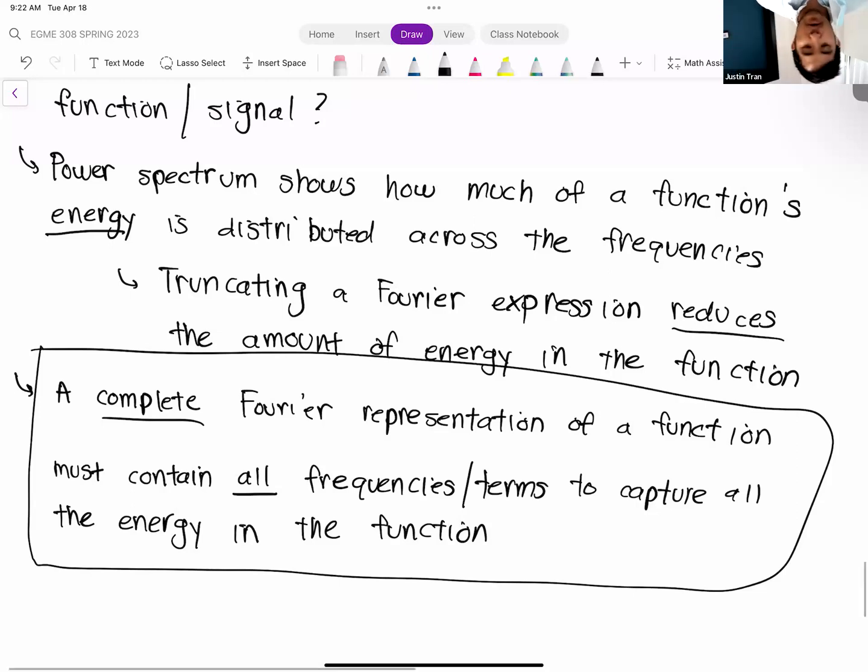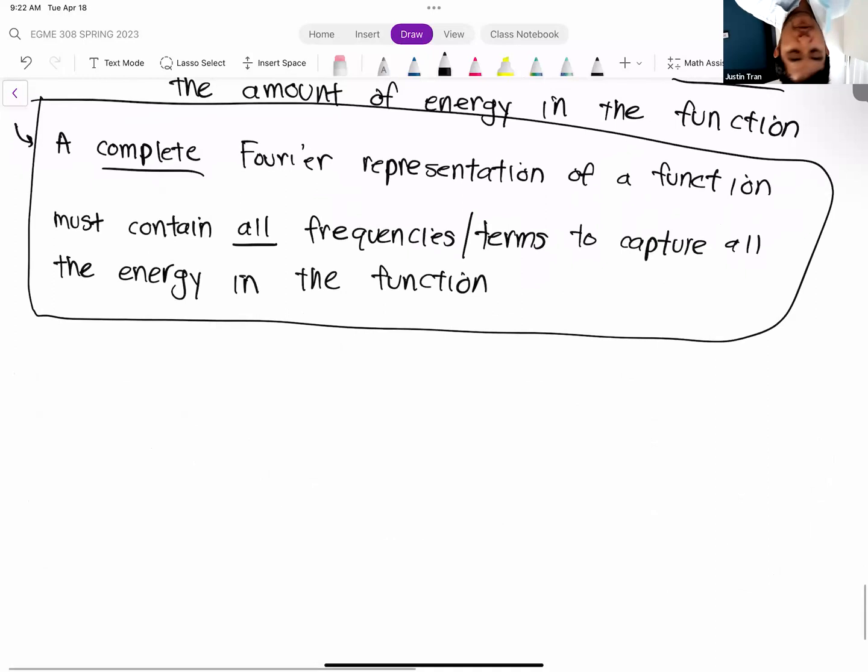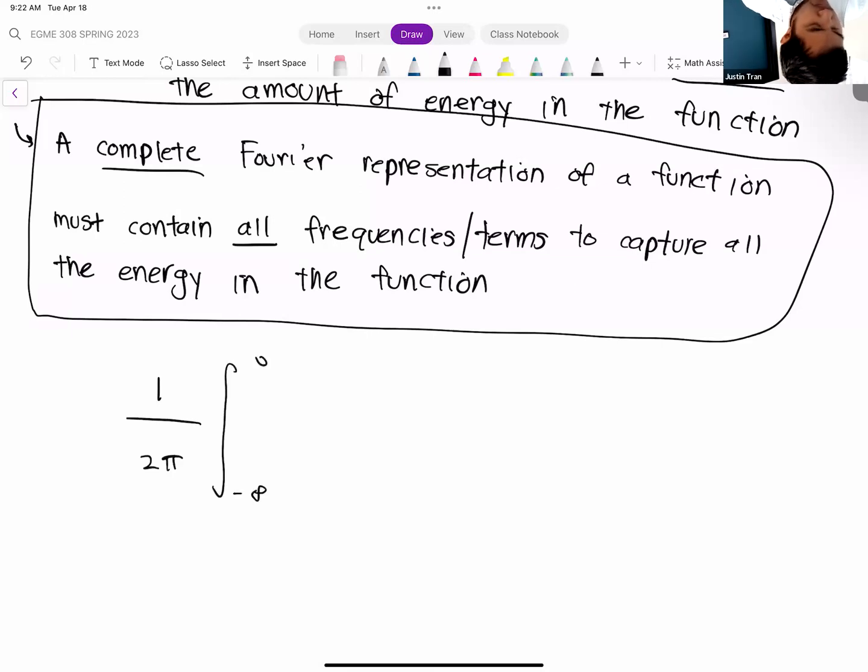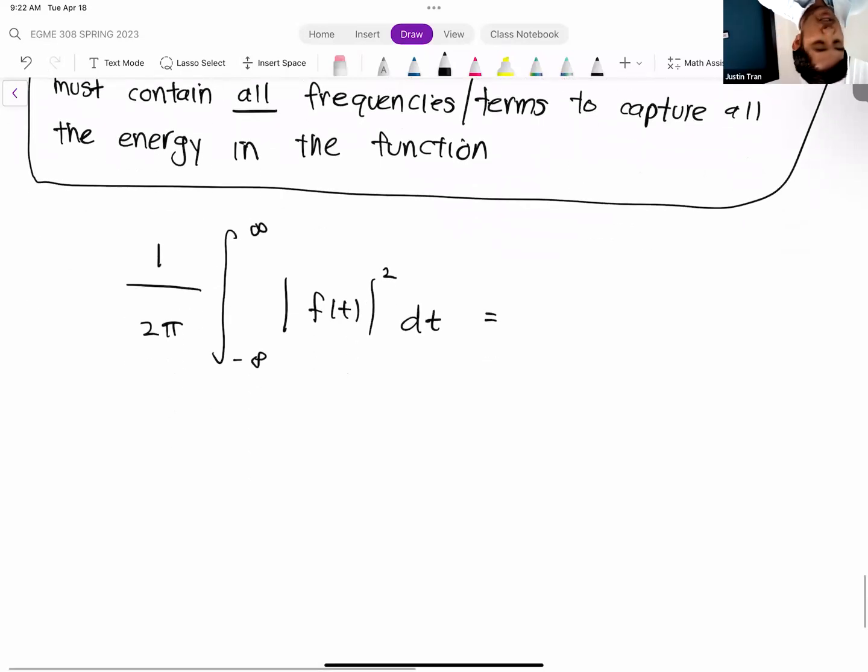We can state this elegantly as a formula expression as well. If we take the integral of some function of t, its magnitude squared, dt, this represents the power or the energy in that signal.